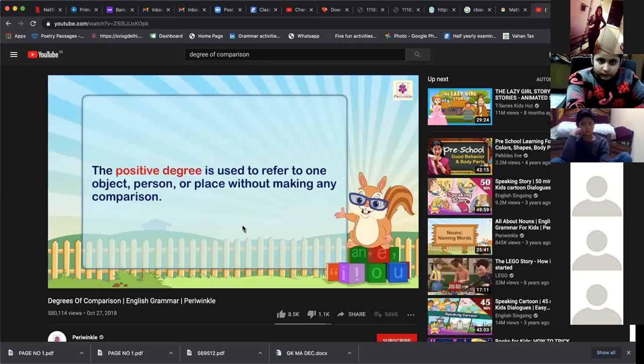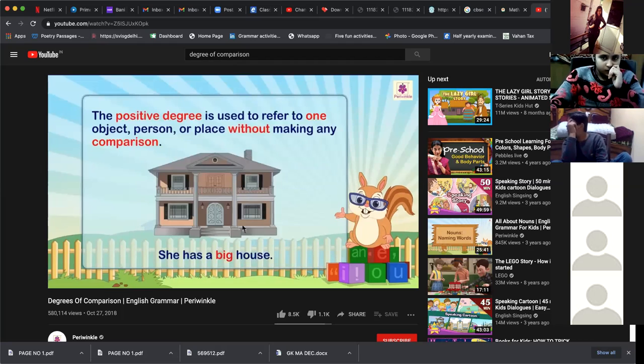The positive degree is used to refer to one object, person, or place without making any comparison. For example, she has a big house.